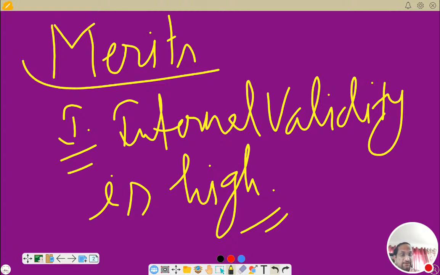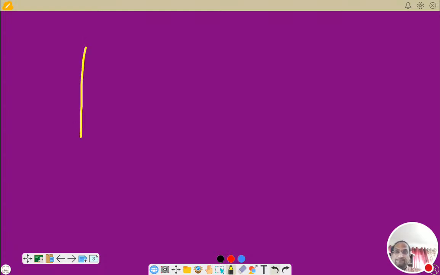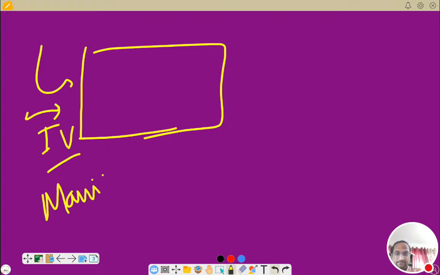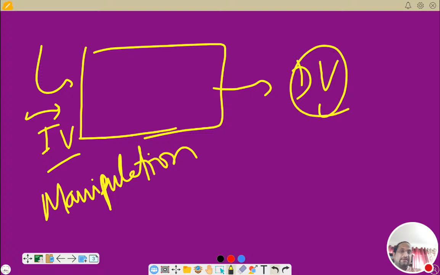What is the meaning of internal validity? The experimental setup is a closed system. Here comes the IV manipulation as an input. Then there is DV, dependent variable, which is measured objectively.